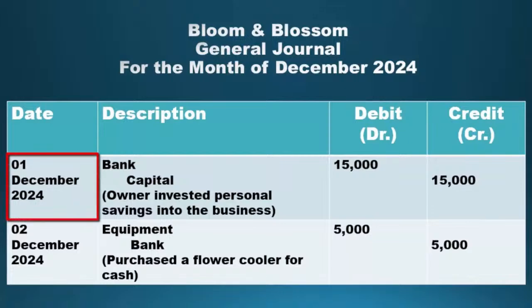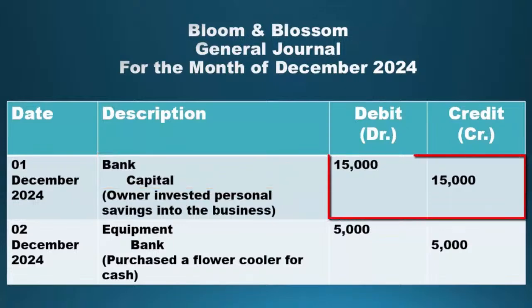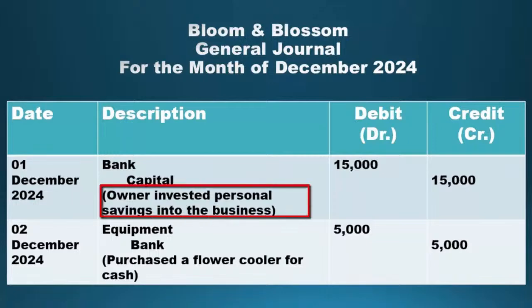Record the date of the transaction, which is the day Neelam deposited the money. Accounts. Clearly write the names of the accounts involved, bank account and capital account. Amounts. Write the amount of $15,000 in the appropriate debit and credit columns. Description. Add a short explanation like owner invested cash into the business.